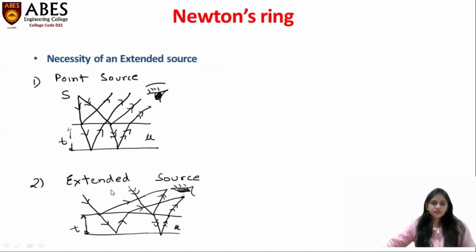The light reflected by every point of the film reaches the eye easily, and the entire film can be viewed simultaneously by keeping the eye at one place only. Therefore, an extended source of light is necessary to view the film simultaneously. So in Newton's ring also, we are going to use an extended source. Now let us continue.